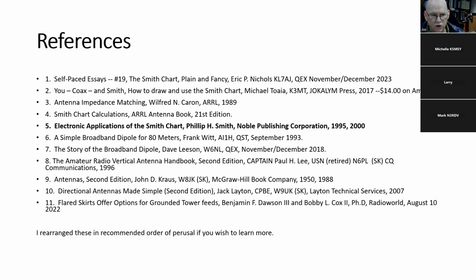I learned how to use the Smith chart in 1970 at the Naval Academy, and I always wondered, how was that generated? This book tells me how to generate it, how I can create it. So if you read no other reference, I would suggest you go there.